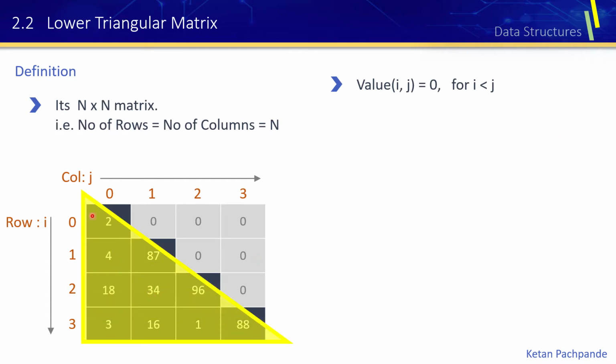So eventually, what we are going to store is the low triangular matrix elements and not actually these zeroed elements in the memory.